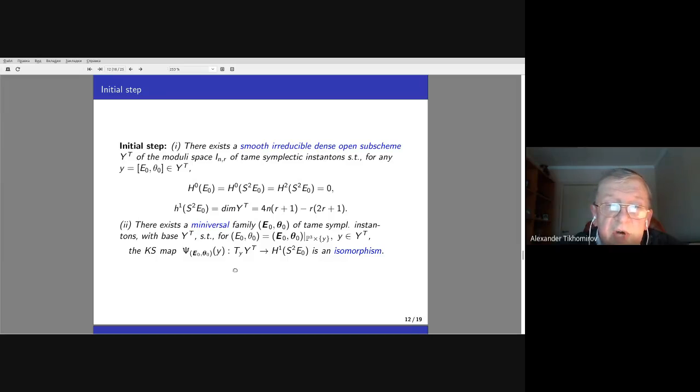Of course, you could ask me whether this miniversal family is actually universal, at least a locally universal family.